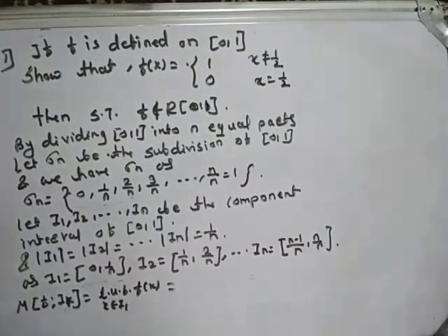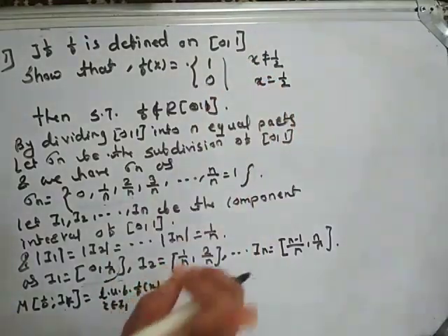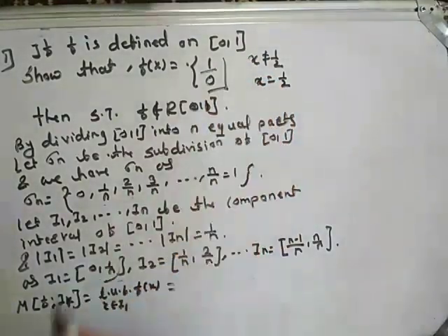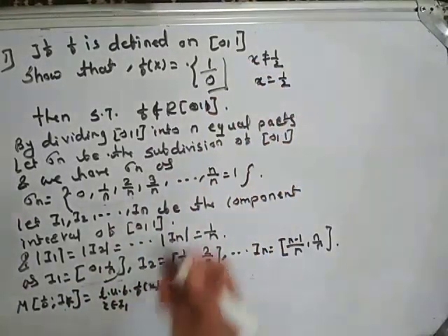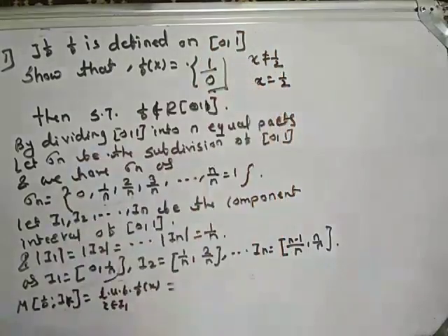Here students, see here, the least upper bound for this interval is 1/n, but our function only takes two values, 1 and 0. So obviously its least upper bound is 1 and greatest lower bound is 0.